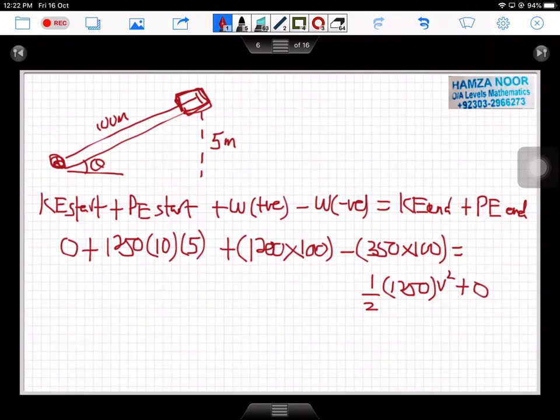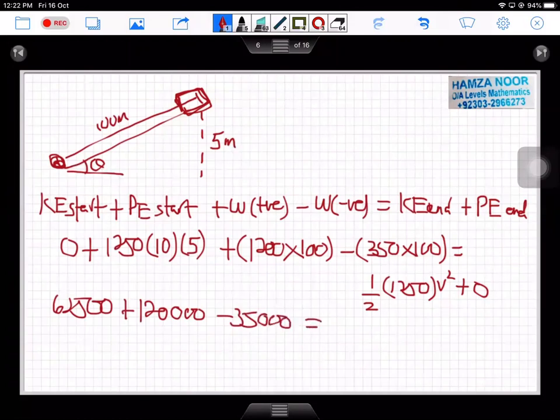1250 times 10 times 5, this is 62,500, plus 120,000 minus, oh sorry, 35,000, and this is equal to 625 v squared. So 62,500 plus 120,000 minus 35,000 divided by 625.